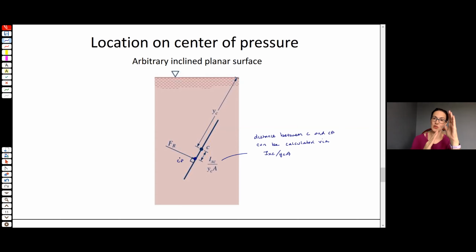The magnitude linearly increases with depth, right? So it's always going to be the case that the resultant force acts at a location that's below the centroid of the area. But interestingly, the deeper the object is submerged, the closer those two points come together, and we can see why.